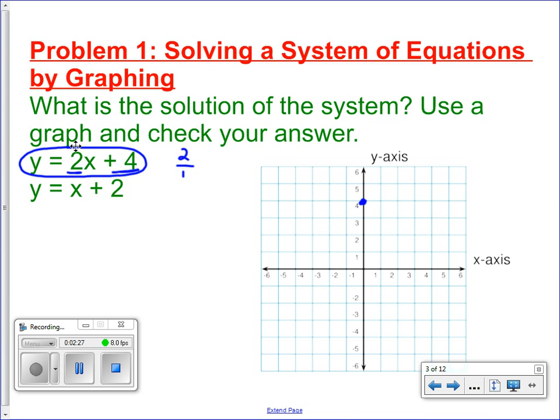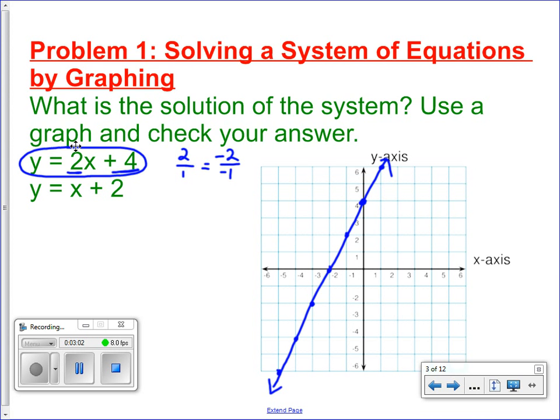That means that we rise 2 and run 1, and we could also go down 2 and left 1. All right, so down 2 and left 1, and I'm going to continue this. This will be very important in this lesson because we don't know where the two lines will intersect, and that's what we're looking for. All right, so I'm going to draw a line as straight as I can.